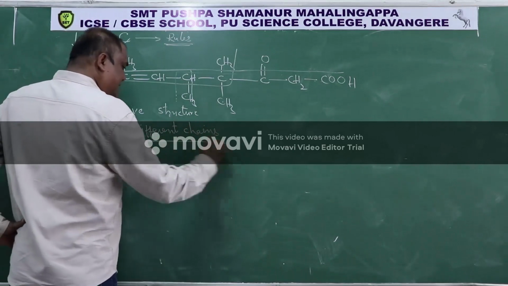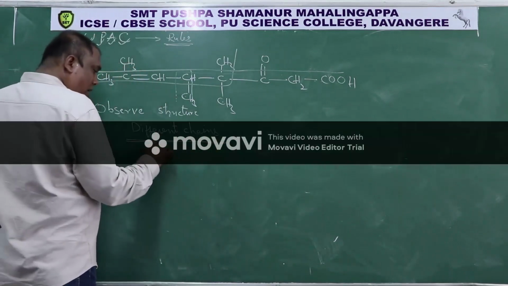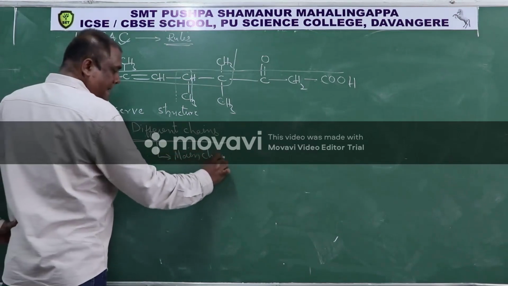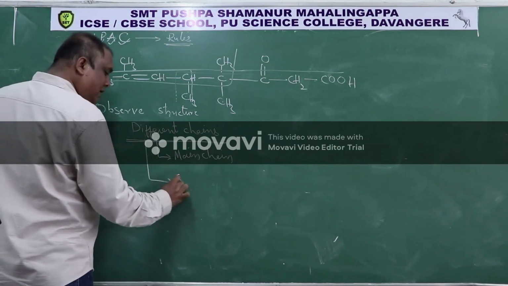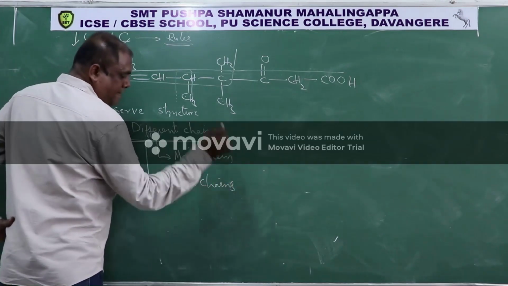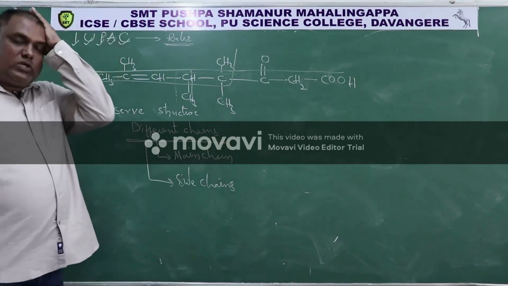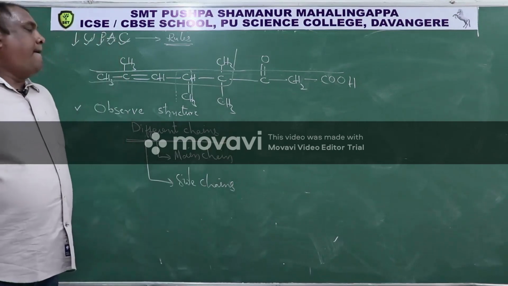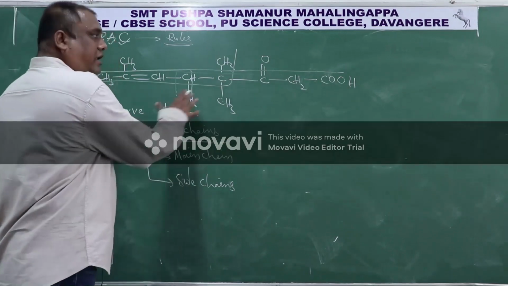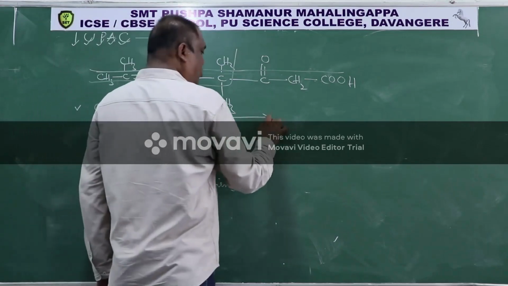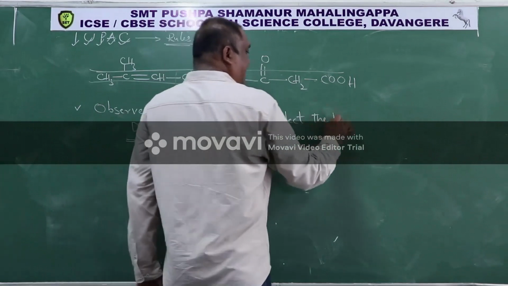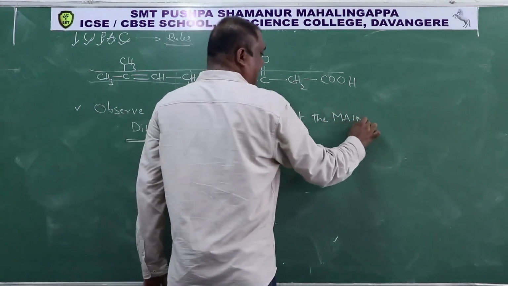In these chains, we have to observe what is the main chain and what are the side chains. So after observing the organic compound structure, we have to select the main chain.